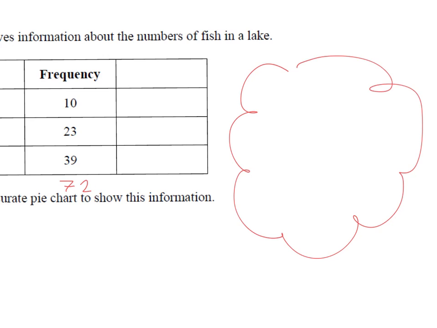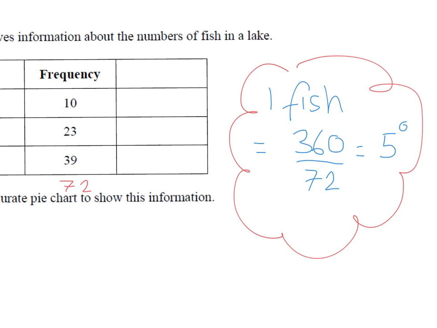So one fish is equal to 360 degrees divided by the 72 fish from our table. Okay, so 360 divided by 72, and the answer is 5 degrees.